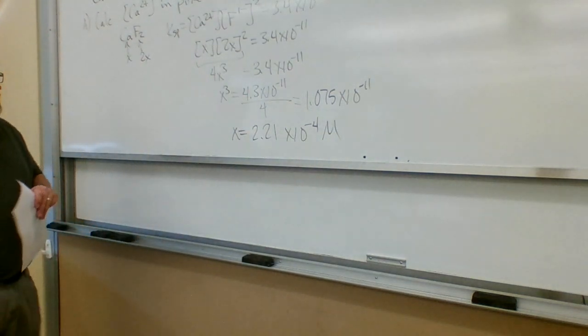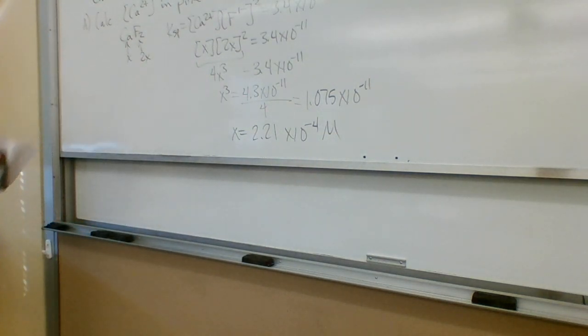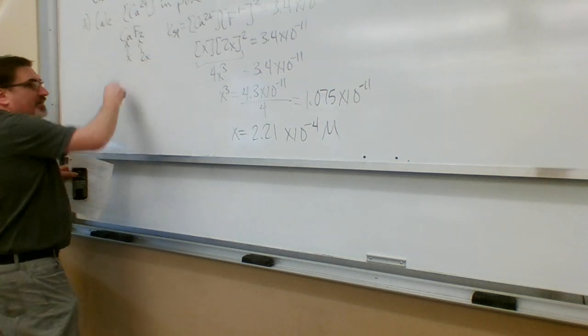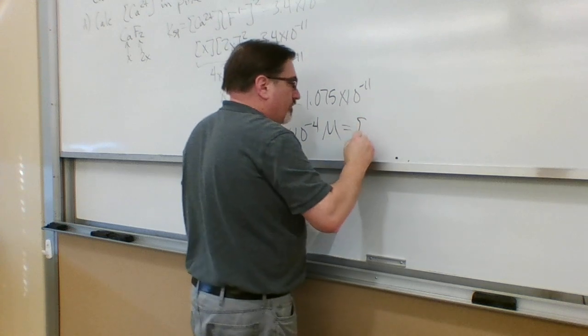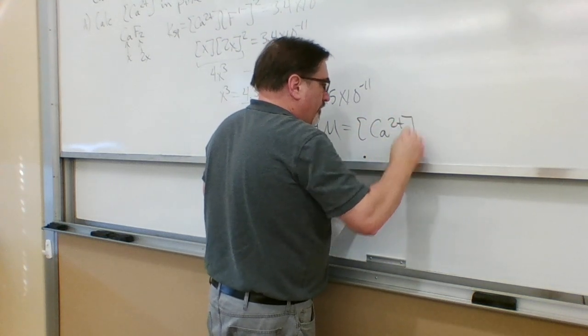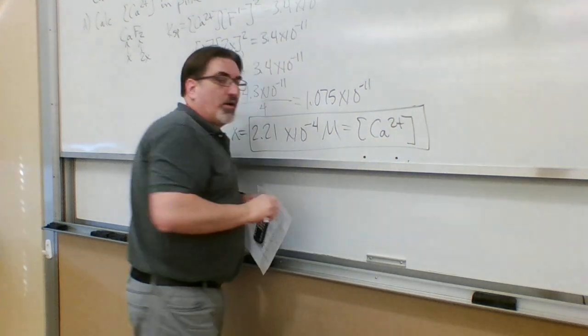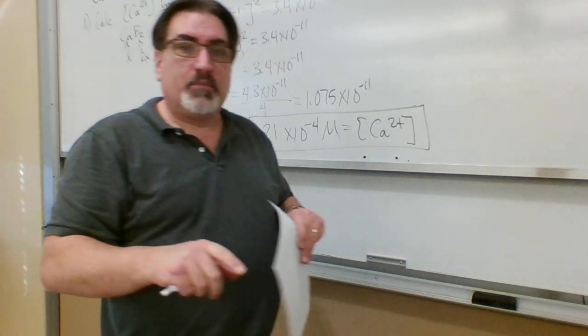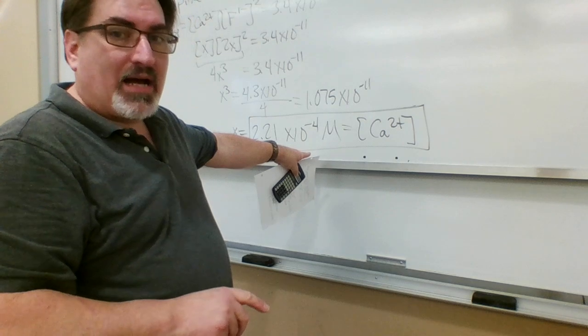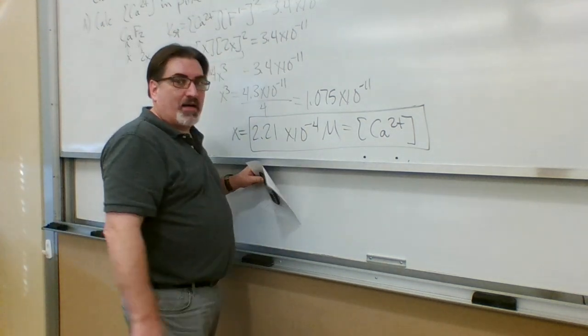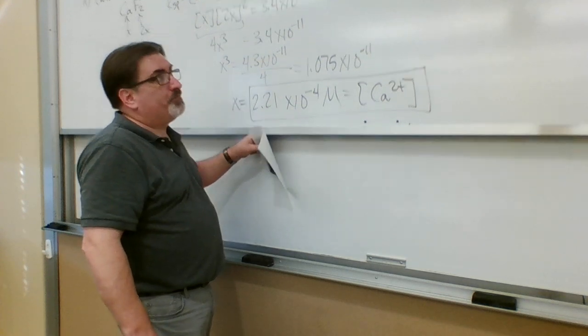And we check and make sure that X is the concentration of our substance we're looking for. We're looking for Ca2+. Calcium was X. So that one actually is our answer right there. So in a regular problem, regular KSP, without a common ion, 2.21 times 10 to the minus 4th molar calcium ion from saturated calcium fluoride.